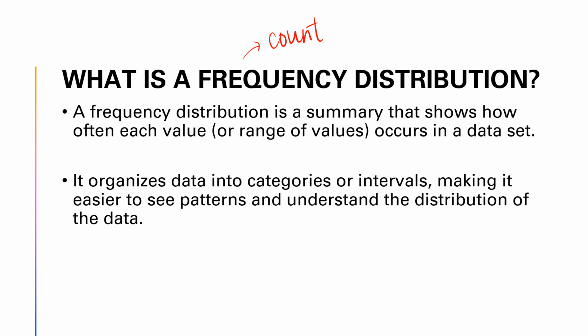If I give you just a huge list of numbers, you're not going to be able to tell a whole lot about it without organizing it. So the whole purpose of a frequency distribution is that it gives us a way to organize the data, which allows us to more easily identify the patterns or understand the distribution of the data.